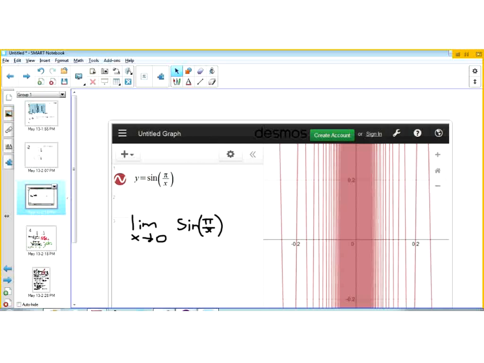So in other words, if I were to walk close to 0 in this direction, my outputs are going to swing from -1 to 1. And so there's no consistent number that leads to a definitive output.